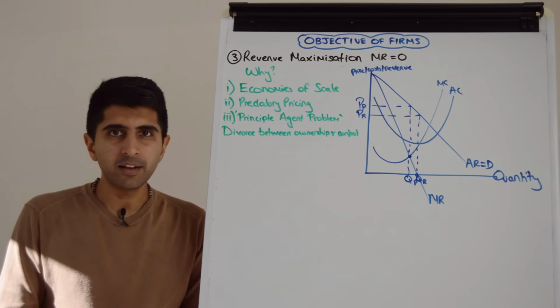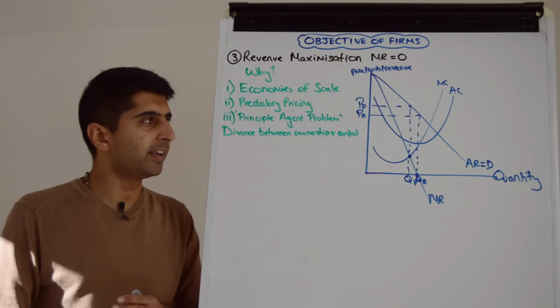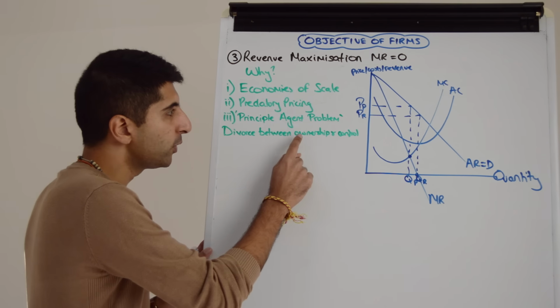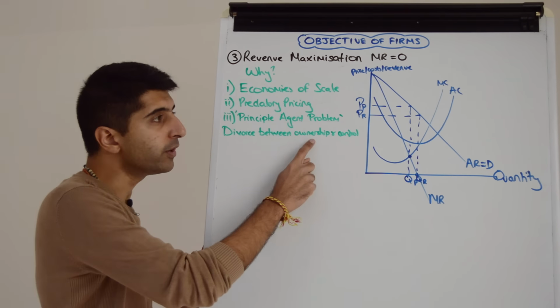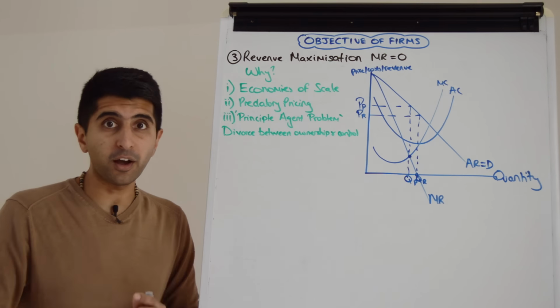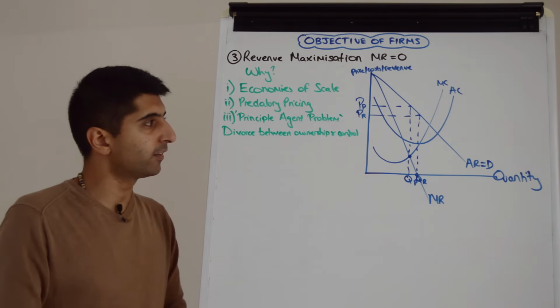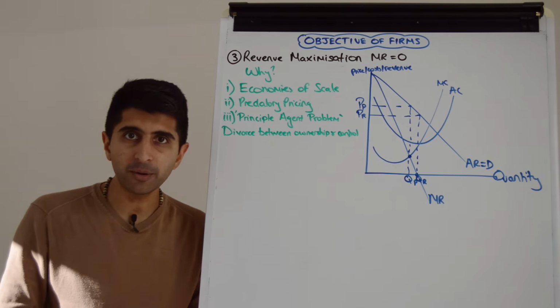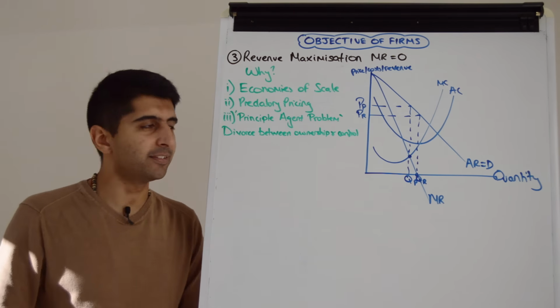But the third reason is an interesting behavioral economics idea. The idea of the principal-agent problem, that there is a divorce between ownership and control. The owners, the principals, are the shareholders, but those who control, the agents, are the managers. And there is a vast difference. Those who own do not control. And therefore managers, those who control the business, they run the day in, day out business.